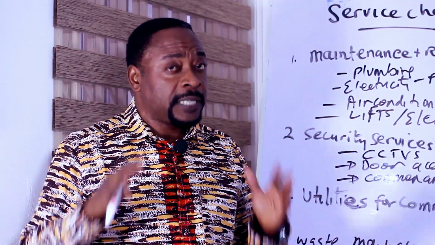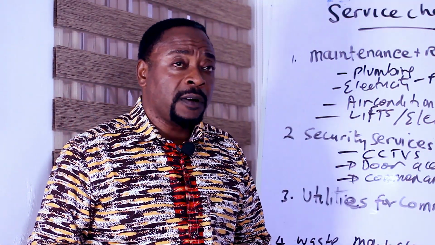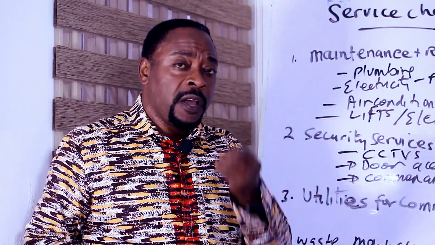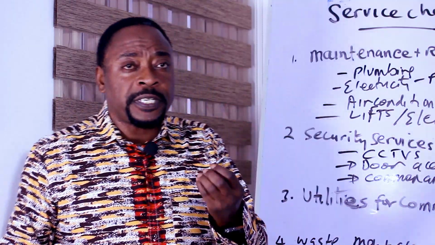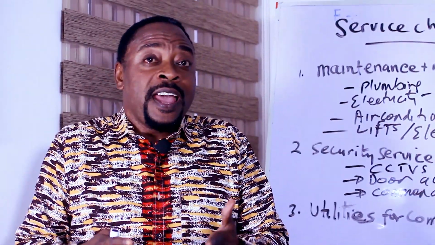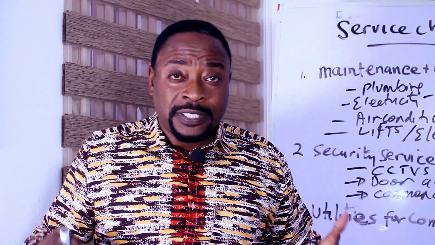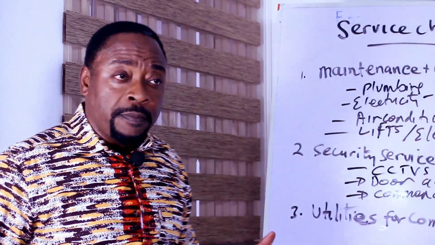Some of these developments, and I know of a development in Accra, Ghana, where you look at the building outside, beautiful, but it has got a reputation. What reputation is that? It has got a reputation of being a place where sex workers come to do their trade.